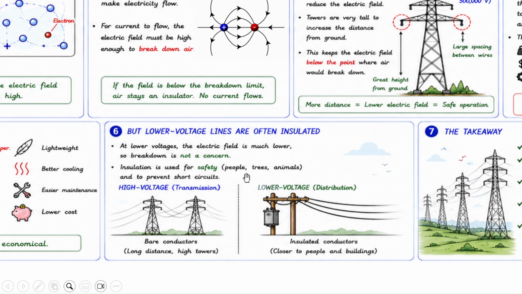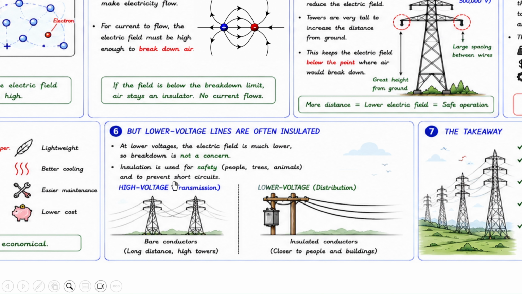The second factor we have to consider for lower voltage lines is that they have to be insulated for safety purposes. Imagine inside a city, you have one of these exposed lines falling on top of people or cars or houses. It would be catastrophic, obviously.